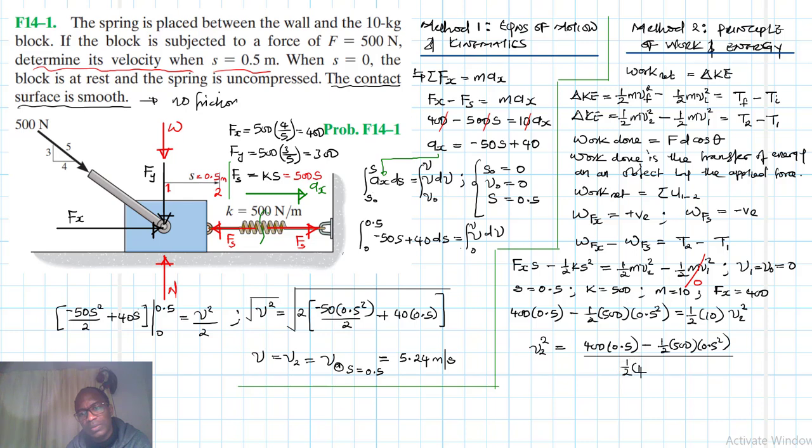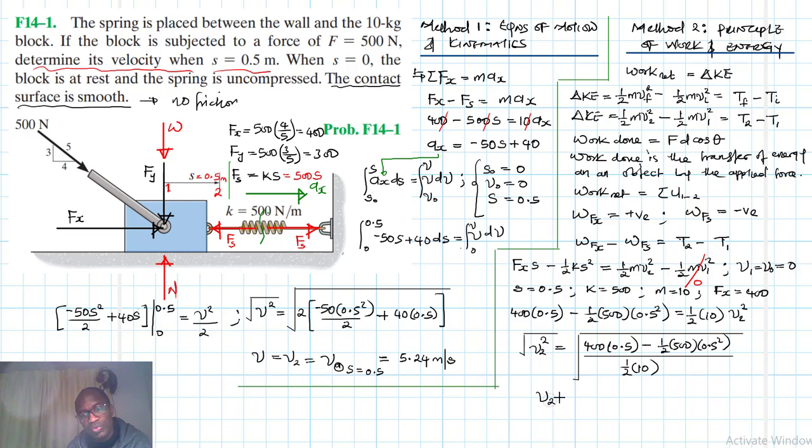Right, then square root of both sides, like so. So what do we have?